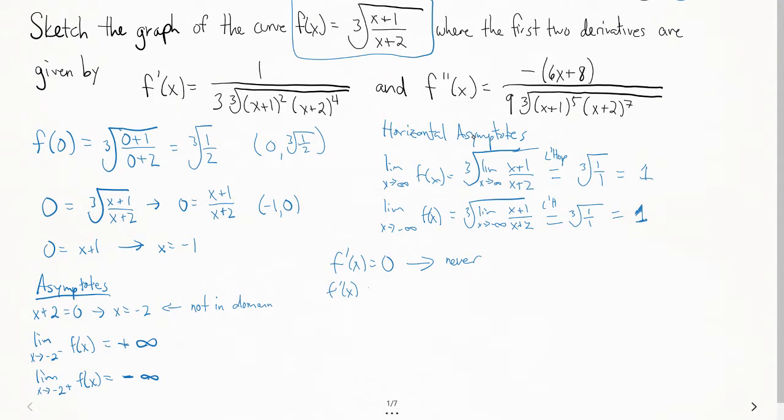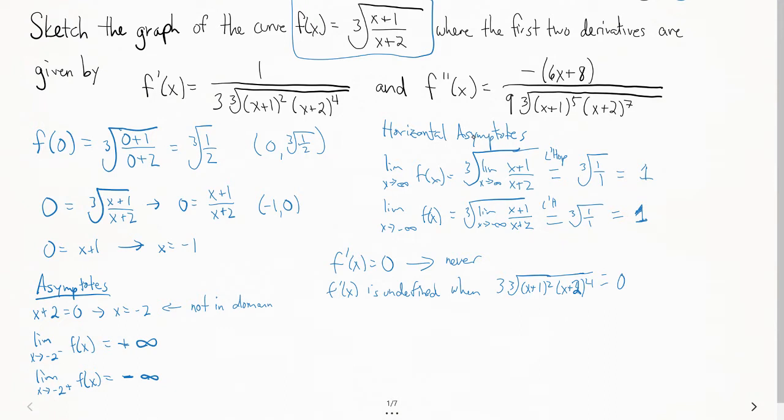But we do have f prime of x is undefined. Sorry about the misspelling there. When, well, 3 times the cube root of (x plus 1) squared times (x plus 2) to the 4th equals 0.